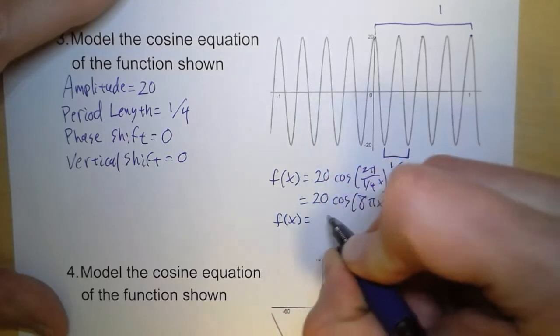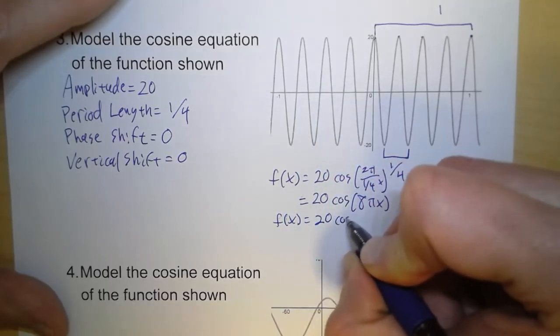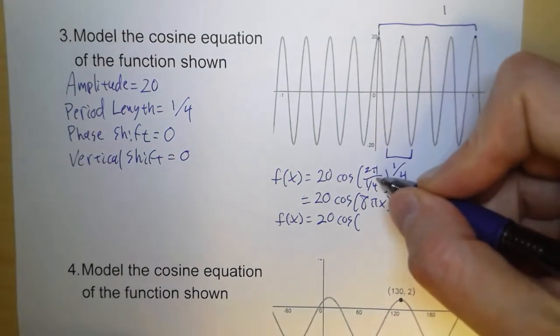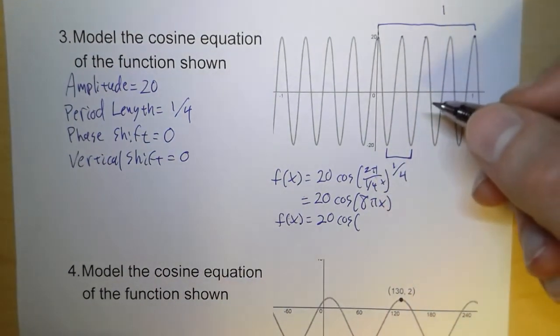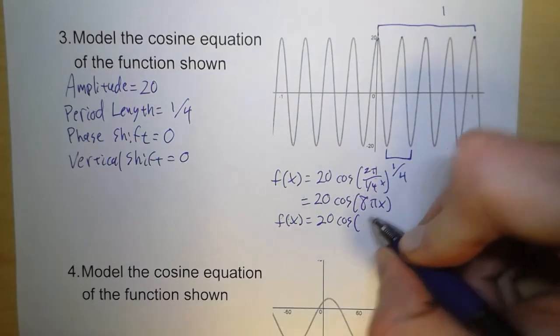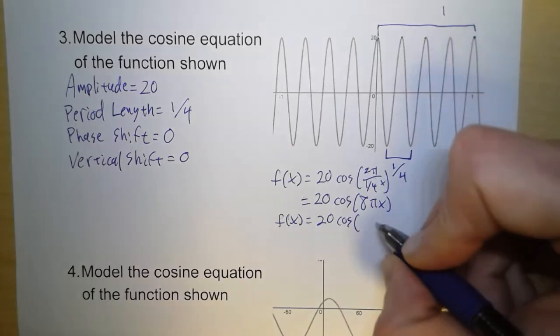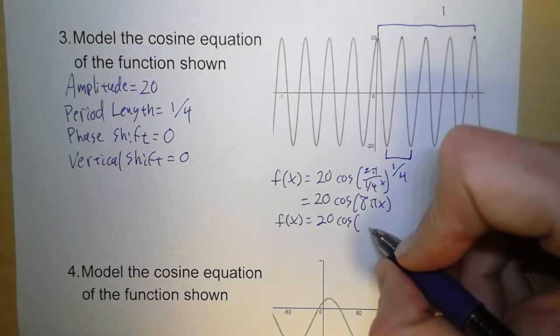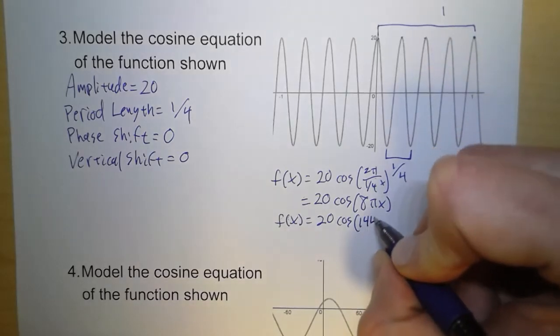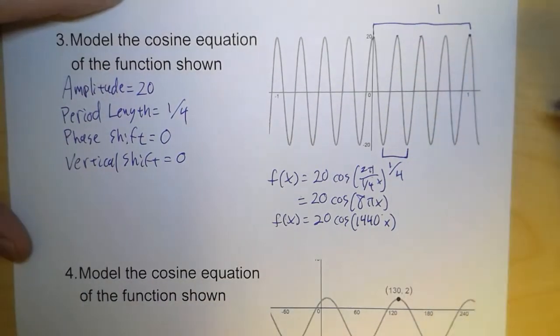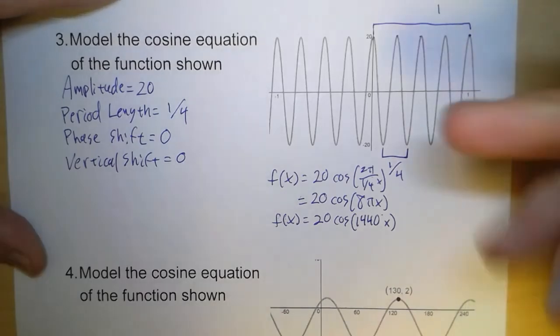In degrees, we would write this as cosine of, now it would be 360 divided by 1/4, but let's just go ahead and multiply by 4. So 360 times 4, well, that's just doubling twice. So 360 times 2 is 720, and then we double it again, and 1440x. So that's what our equation would be in degree mode.